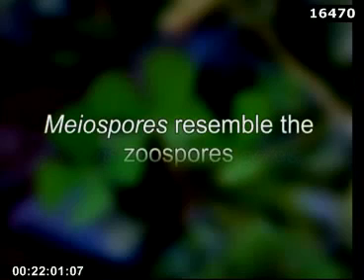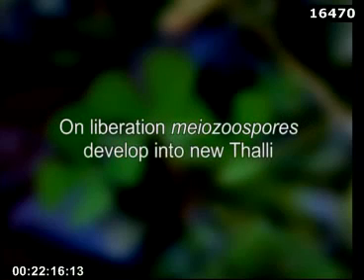These 4 nuclei are organized into meiospores, which resemble zoospores, having a crown of flagella at their anterior end. On liberation from the oospore or zygote wall, they develop into new thalli of oedogonium.